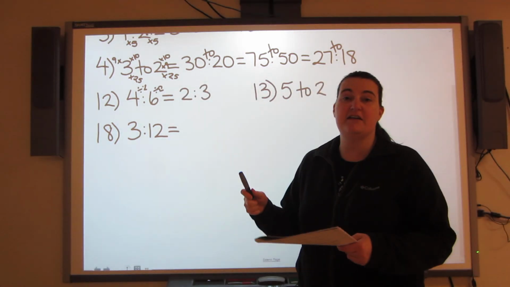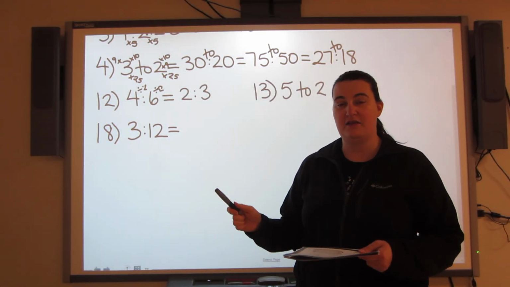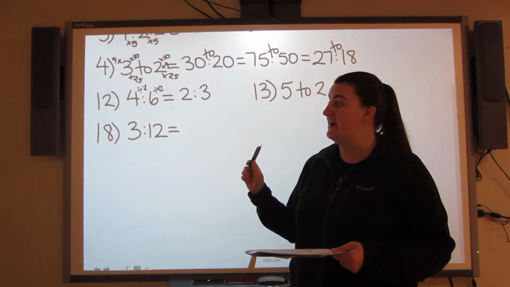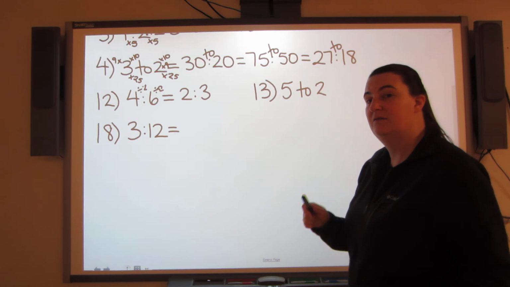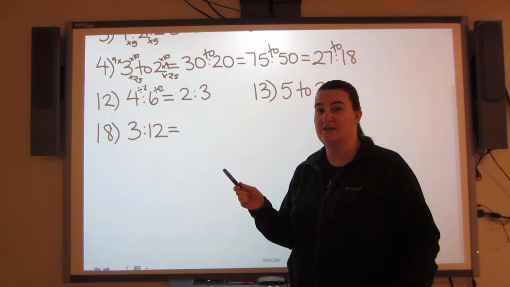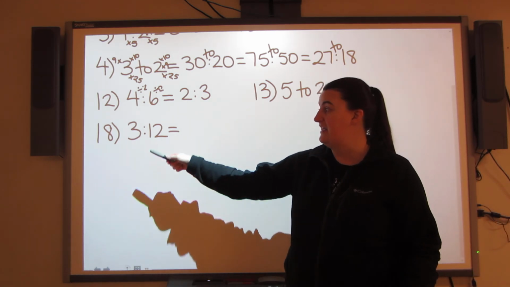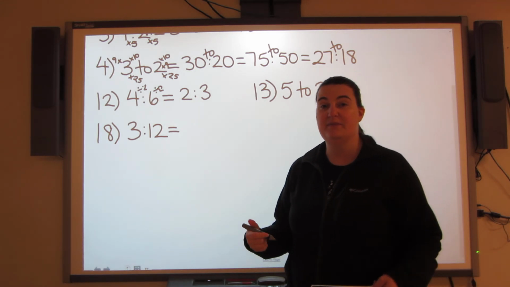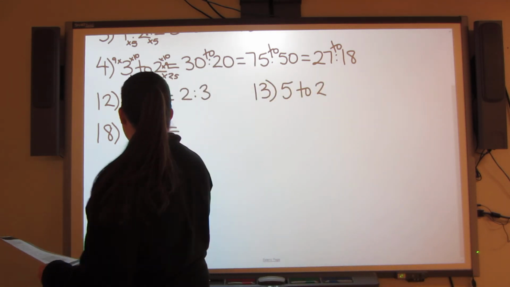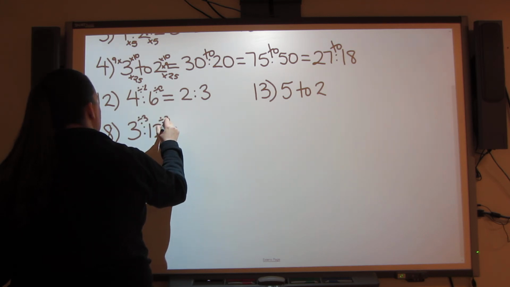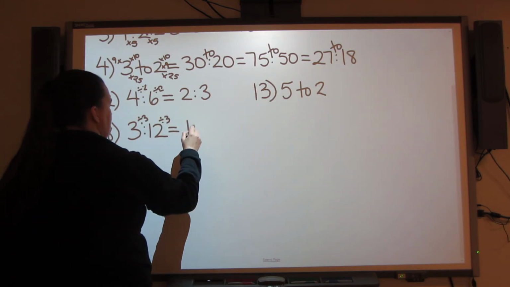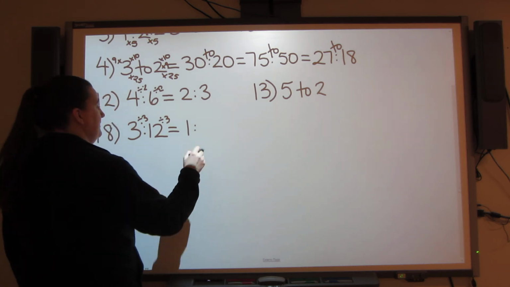The numbers that you can divide into 3 are 1 and 3. The numbers that you can divide into 12 are 1, 2, 3, 4, 6, and 12. The numbers that they have that are the same, that are the biggest, is 3. So 3 divided by 3 is 1. 12 divided by 3 is 4.